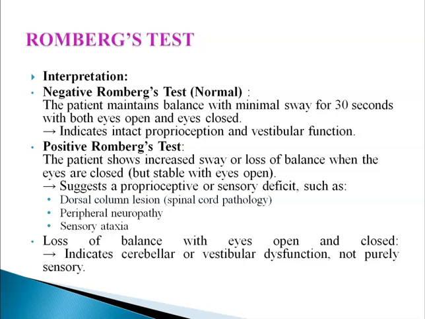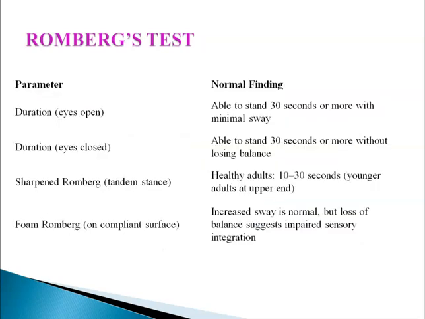That is, it suggests a proprioceptive or sensory deficit such as the dorsal column lesion of the spinal cord, peripheral neuropathy, and sensory ataxia. Loss of balance with both eyes open and eyes closed indicates a cerebellar ataxia or vestibular dysfunction and not purely sensory.